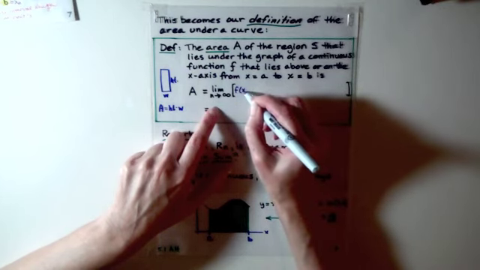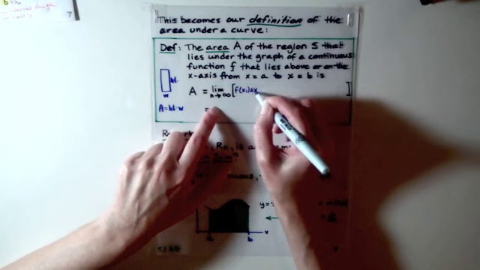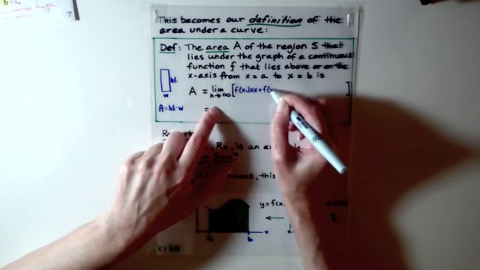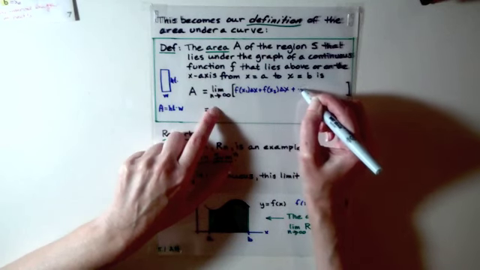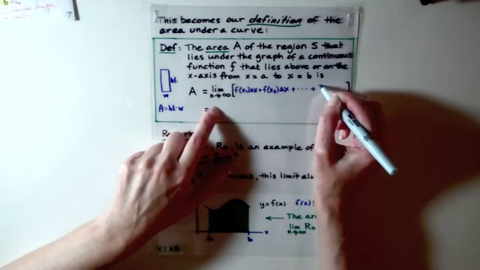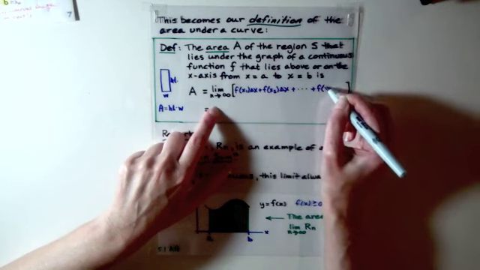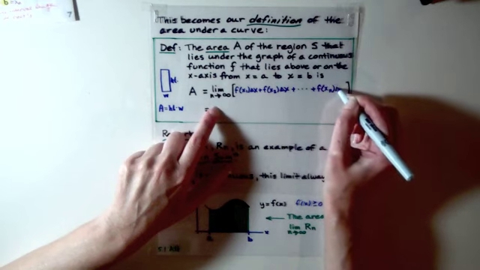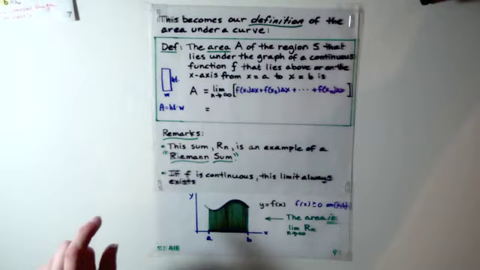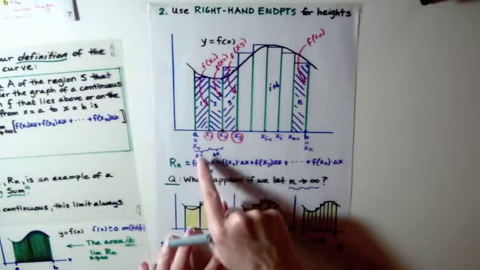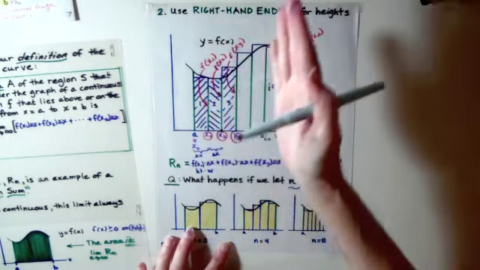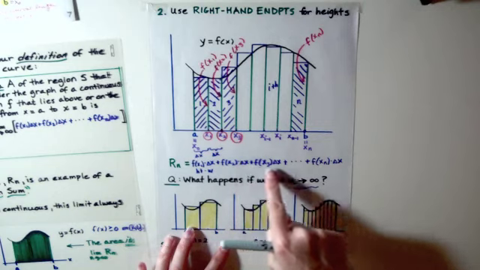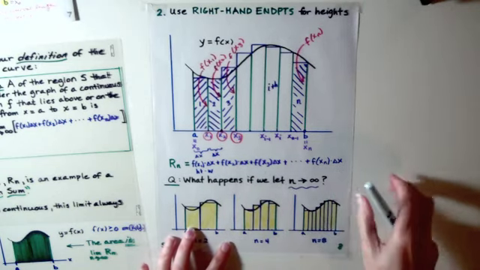We said it was f of x1 delta x plus f of x2 delta x plus, and so on, plus f of xn delta x. I'll just show it to you again for a moment, that was our Rn. So that was just adding up the areas of all the rectangles using the right-hand side of each strip to find the height of the rectangle. So that's what we had here for Rn.